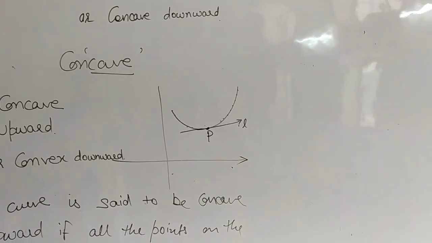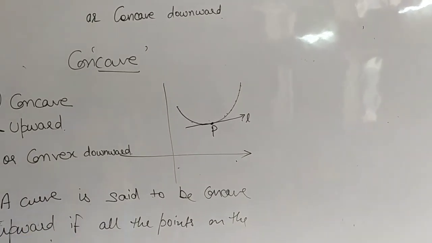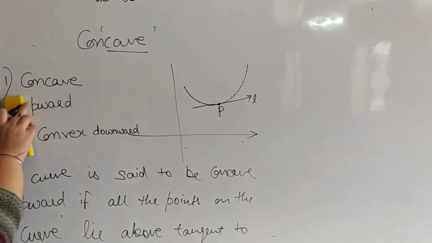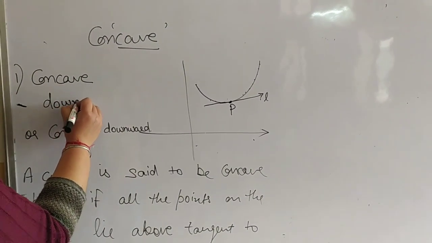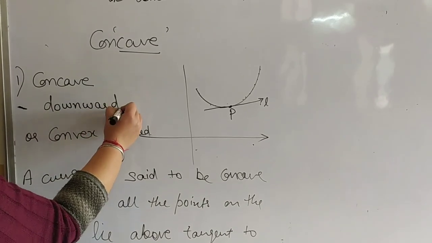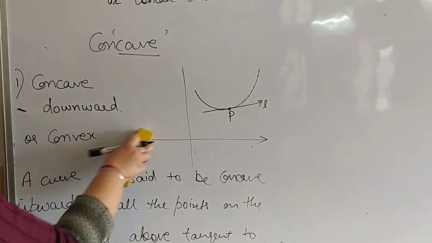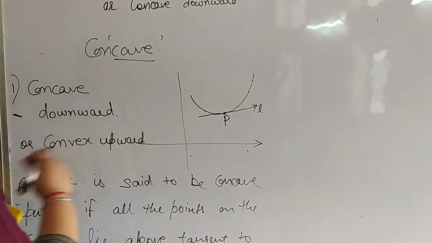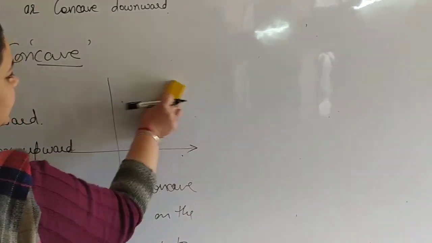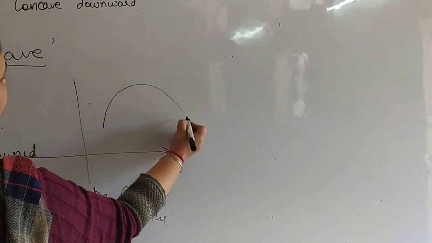Right? Now we will talk about concave downward. Concave downward is also said to be convex upward, and the graph of this curve will be like this.